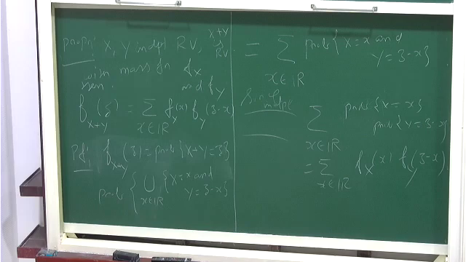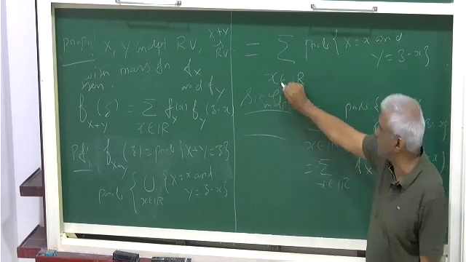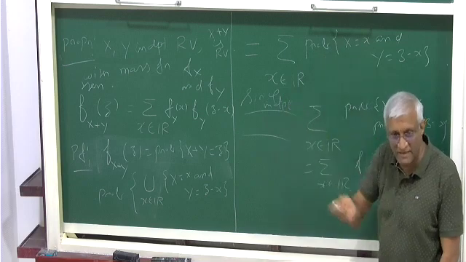It's possible to define uncountable sums too: you take finite sums and then define the net. But we are defining only countable sums, so we need not worry about that. This is just a notation over R, and you are only taking where the probability is positive. Everywhere else is zero, so it's okay.